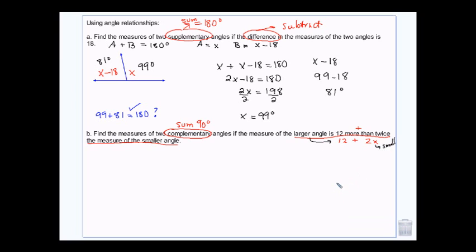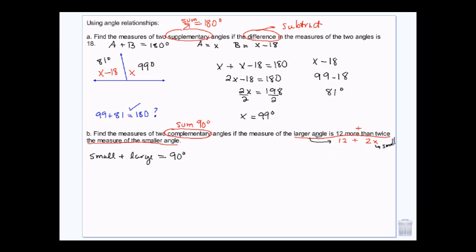So then I would have 12 plus 2x, right? Well, x is the small angle. Hold on, let me do this. In this case, we have a small and a large, and they're adding up to 90.